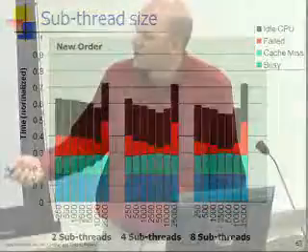This graph is just showing the size of the subthreads with a fixed size, starting from 250 dynamic instructions going out to 25,000. And the sweet spot happens to be at around 5,000 for some reason. If you make this too small, the trade-off is you end up using up all of your checkpoints early on in the thread, and then you run for a long time and you can't checkpoint anymore.